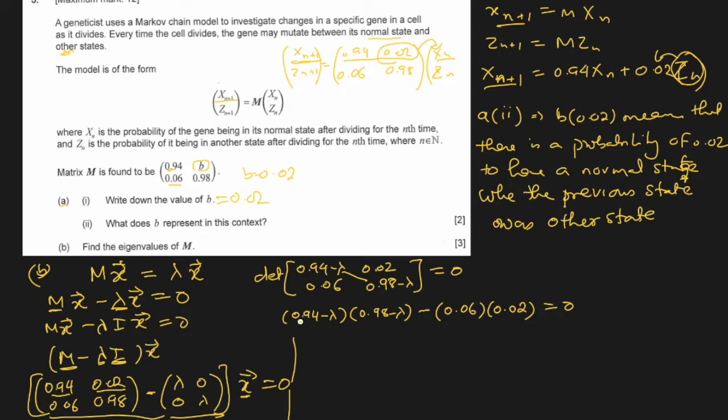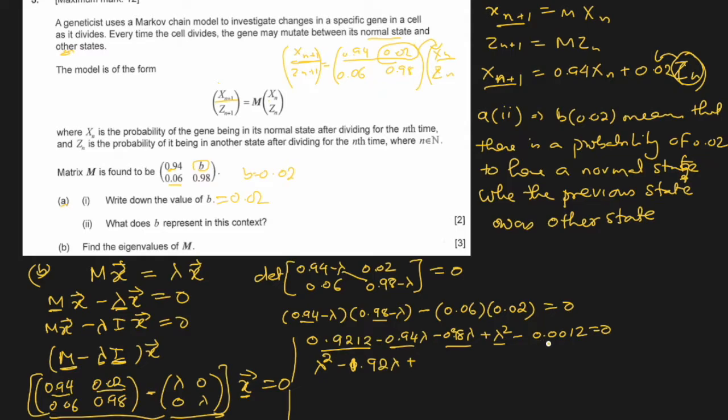So this multiplied by this will be 0.9212 only, then minus 0.94 lambda, minus 0.98 lambda, plus lambda square, minus 0.0012 equal to 0. Alright, so these two are the same, so we'll write lambda square first to make it quadratic, and they are both negative. It will be 1.92 lambda.